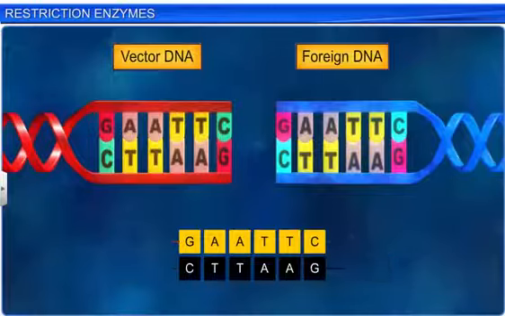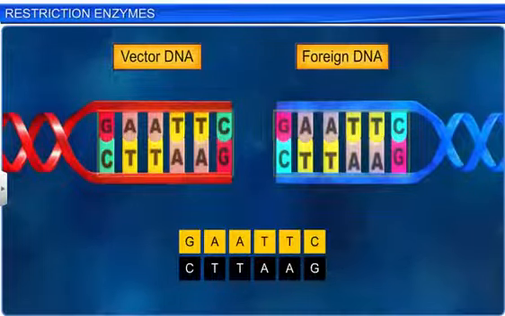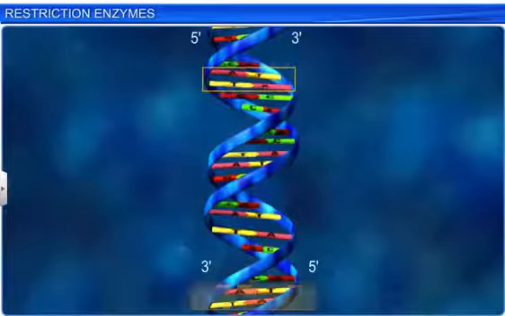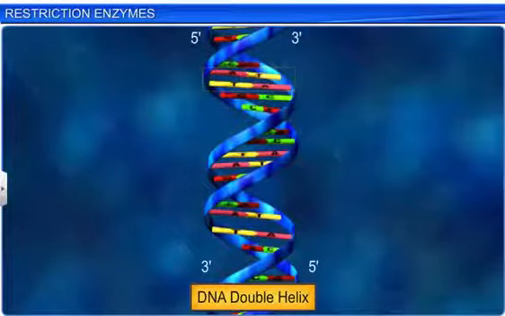In a palindrome, the base sequence of the second half in the DNA strand represents the mirror image of the base sequence in the first half. Due to this, in the DNA double helix, the complementary strand also represents the same mirror image.